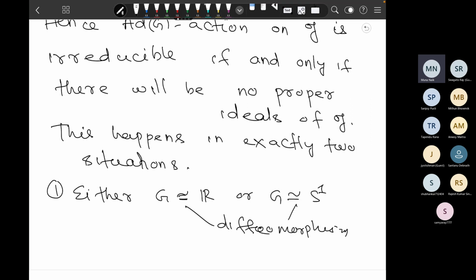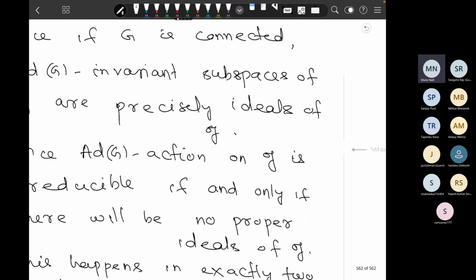And second, g is simple, because in the definition of a simple Lie algebra, we have really excluded that condition, dimension of g equal to 1. For that reason, there are two cases. Hence the Ad_G action on g is irreducible if and only if g is either isomorphic to R, or isomorphic to H1, or g is simple.